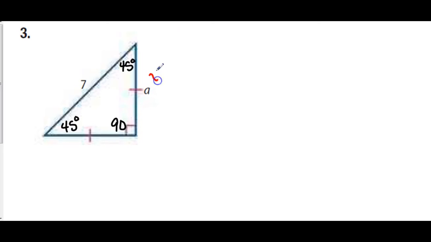I know that this is x, x, x root 2. So I'm looking for one of the missing legs, and my known information is that x root 2 equals 7.